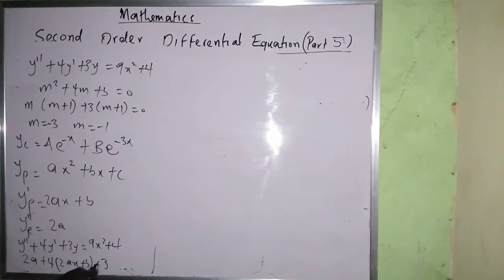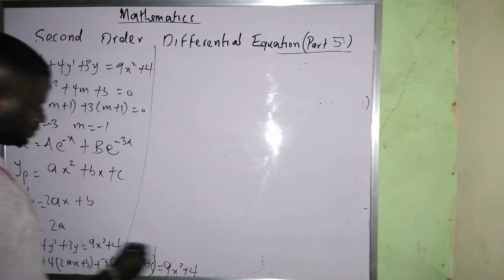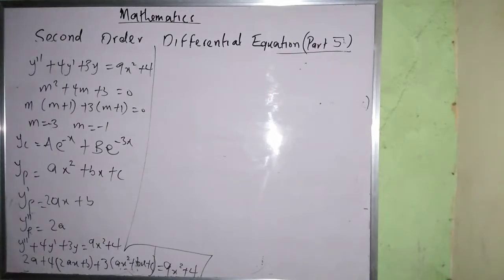plus 3 brackets of ax squared plus bx plus c, close the brackets, equals to everything we're having, 9x squared plus 4. Now, since I have this, I can open my brackets.